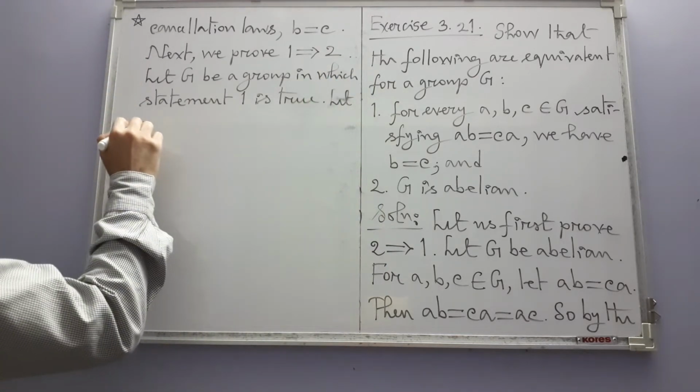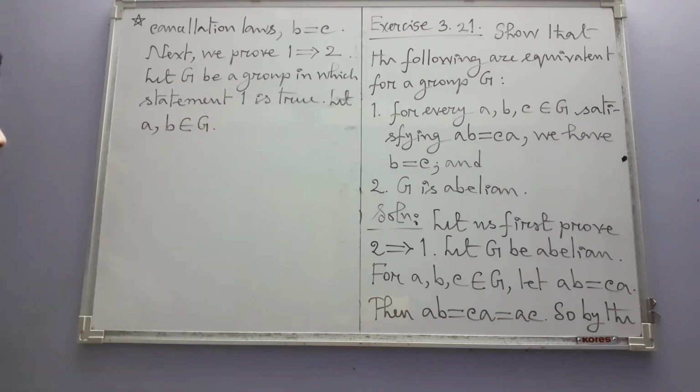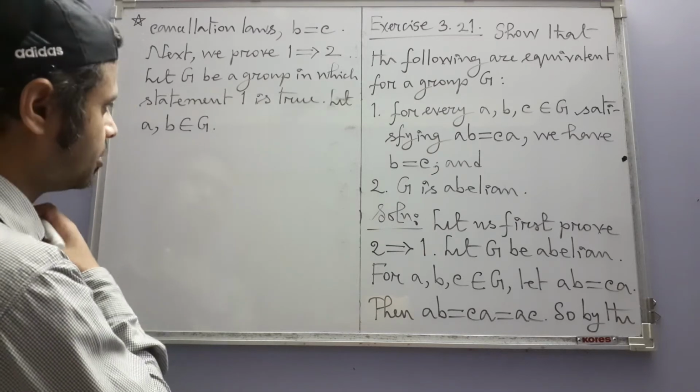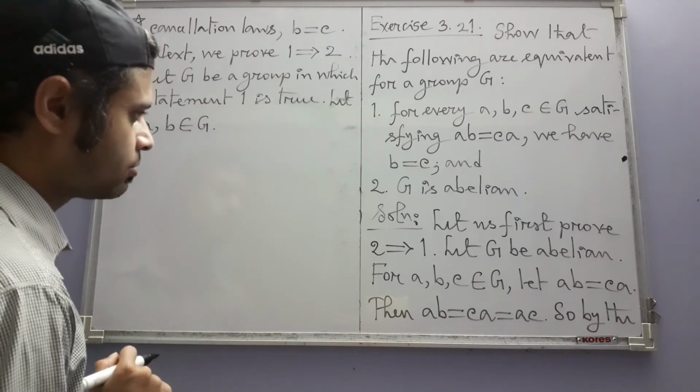Let A and B be any two elements in G, which are not necessarily distinct. They may be the same thing also. We don't know. Now we need to prove that AB is equal to BA.